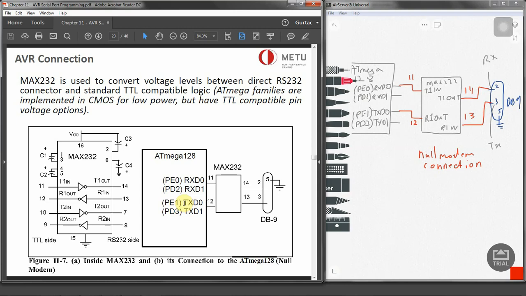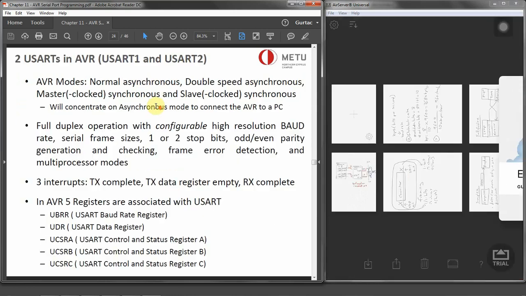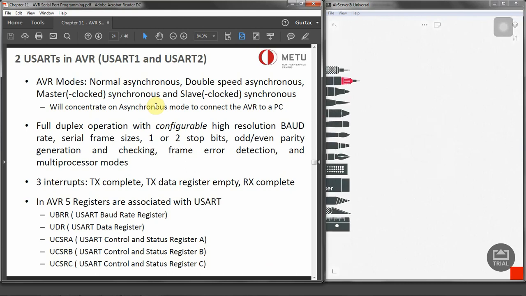Now, as we understand the connection of AVR with the RS232 connector, we are going into the details inside of AVR and how AVR is going to deal with RS232. So if you look at the next slide, in AVR we have a couple of modes for serial operation, and these modes are normal asynchronous, double speed asynchronous, master clocked synchronous, and slave clocked synchronous modes.